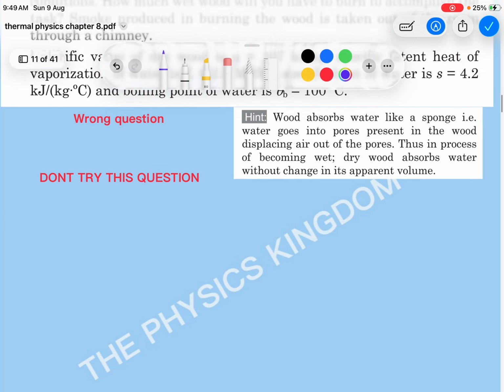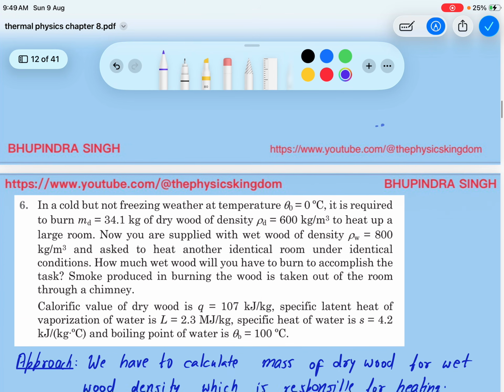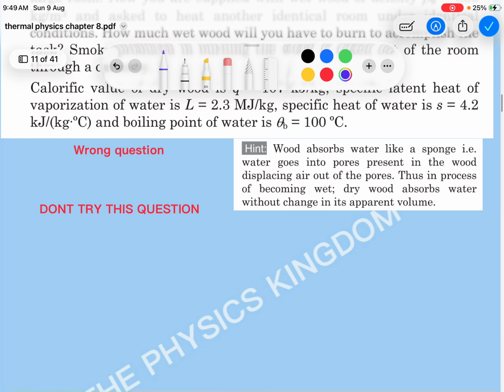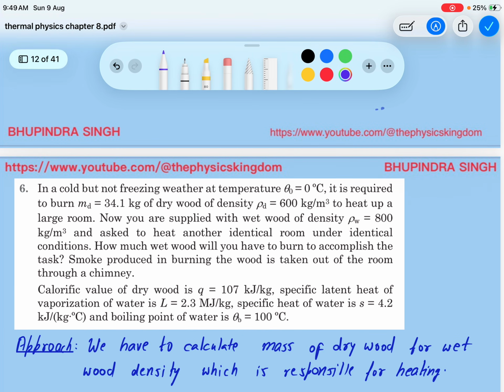Okay, so directly you can see the solution part, so what I did in this question, right? The hint also they are writing. From this hint only we can understand what is the property of wood, dry and wet wood. Okay. So in a cold freezing weather at temperature 0 degrees Celsius, it is required to burn 34.1 kg of dry wood of density 600 to heat up a large room.